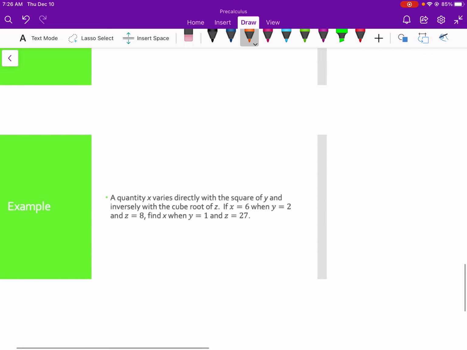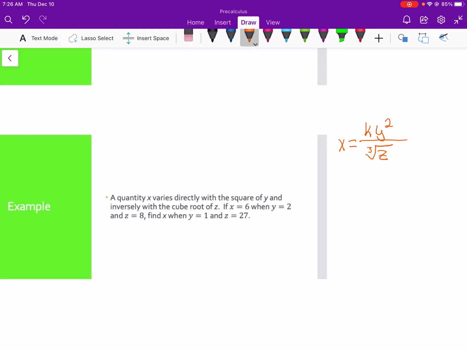So a quantity x varies directly with the square of y and inversely with the cube root of z. So x equals, it varies directly with the square of y, so that's k times y squared. And inversely, so we divide by the cube root of z.